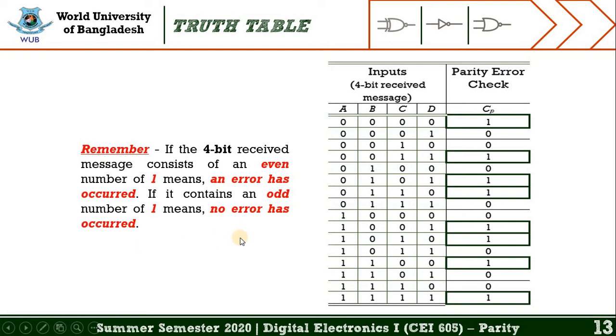Okay, so that's it for this truth table, and we may move to the next slide.